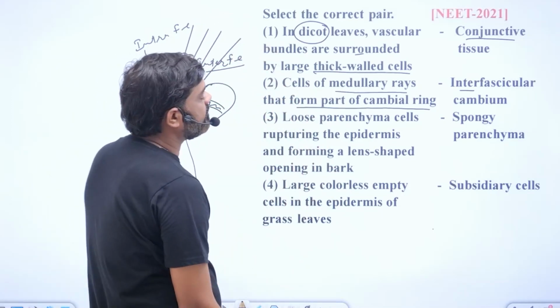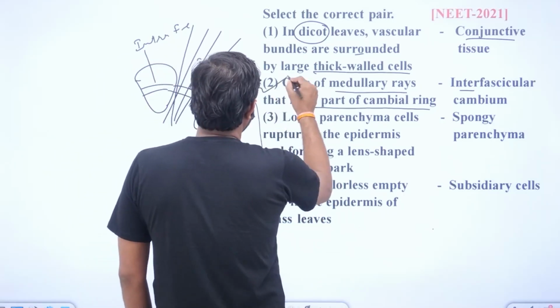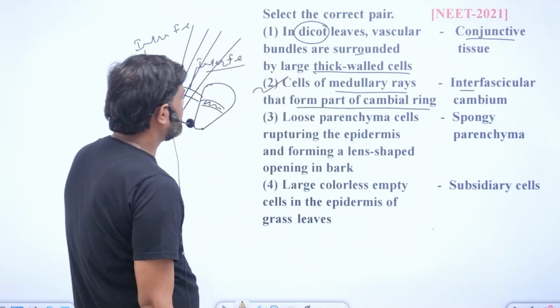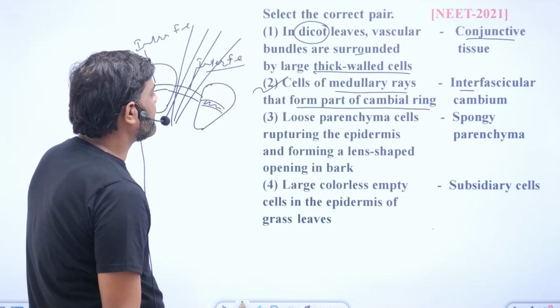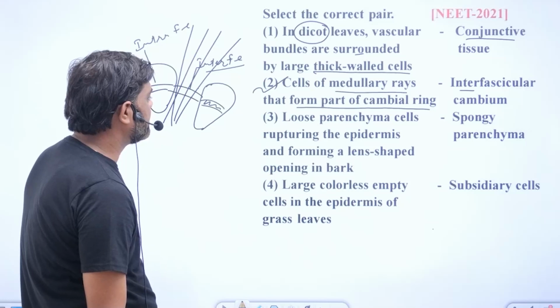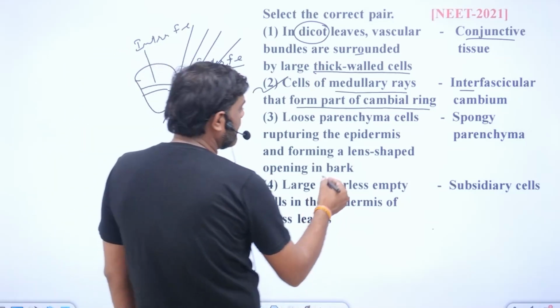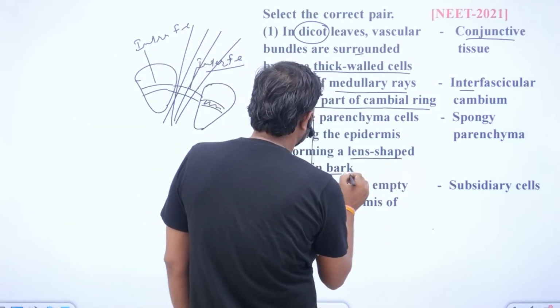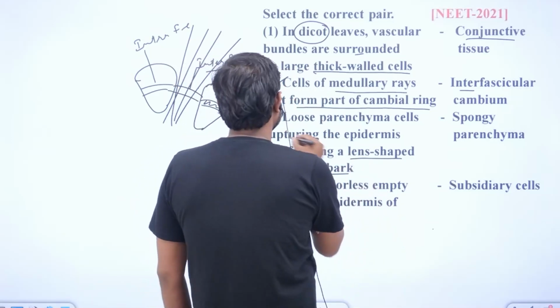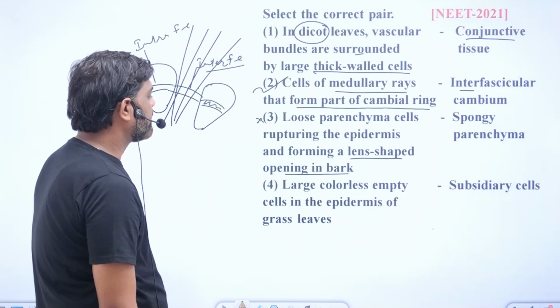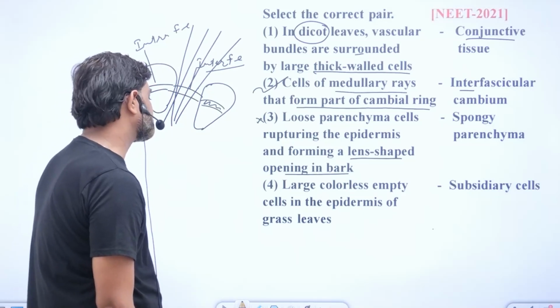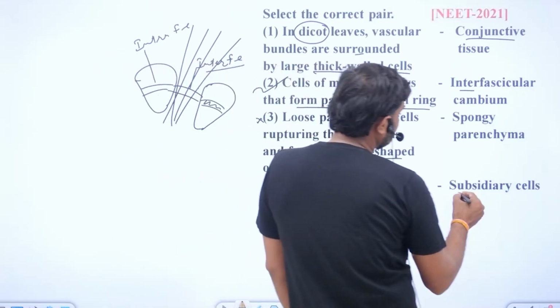Means the second statement is right, and third is loose parenchyma cells rupturing the epidermis and forming a lens-shaped opening in bark. Lens-shaped opening in bark. This is a wrong statement. And fourth, large colorless empty cells in the epidermis of grass, not subsidiary cells.